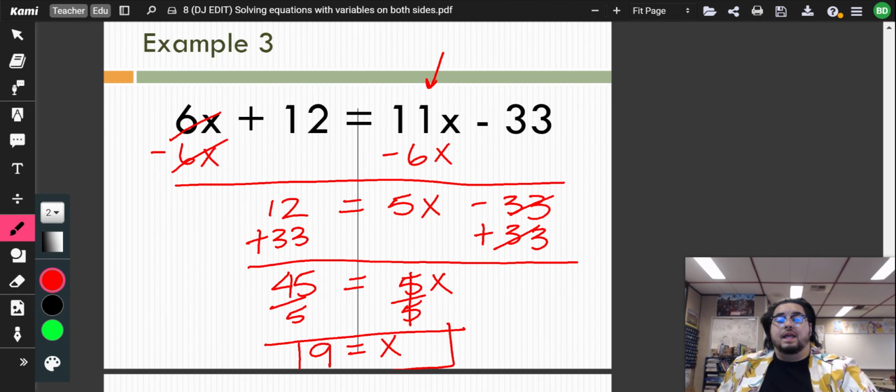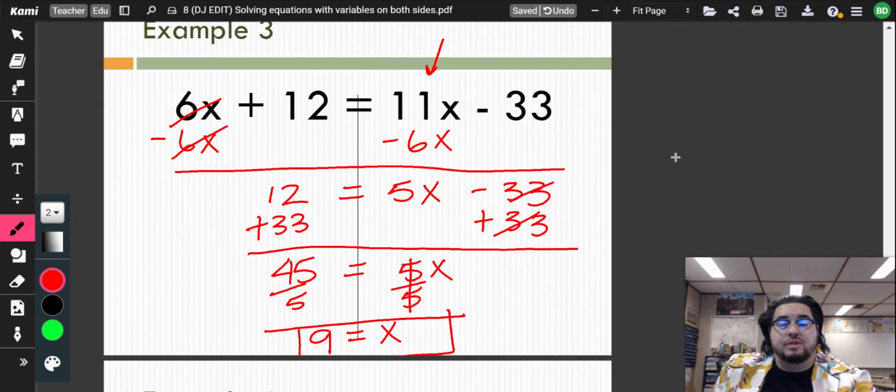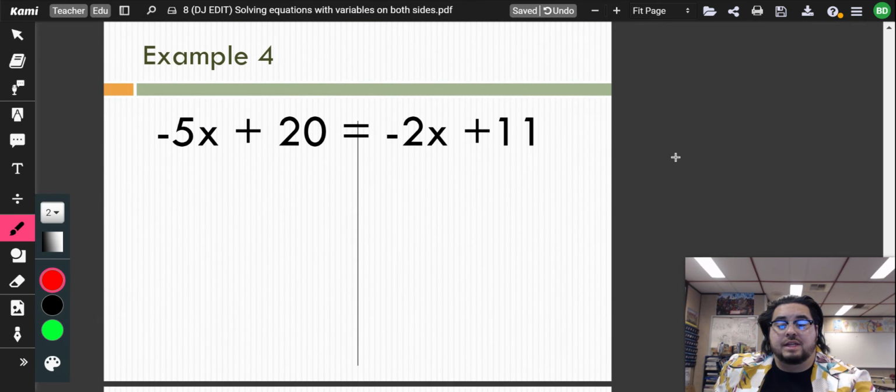Okay. In all of these problems, I've been saying, look for the greatest positive value. But what if we have an example where both of the variables are negative? So our last example today, we have example number 4. We have negative 5x plus 20 is equal to negative 2x plus 11. Both of those are negative values.